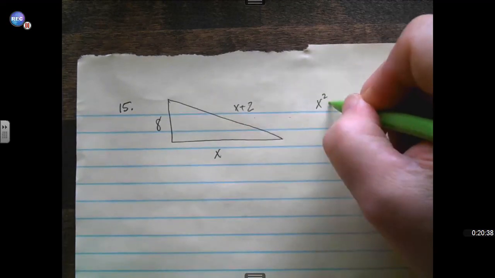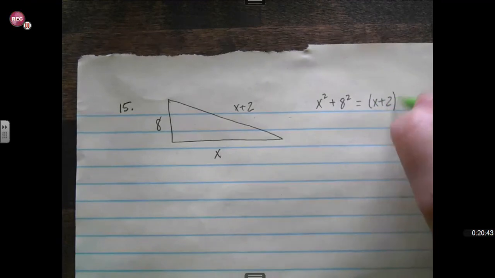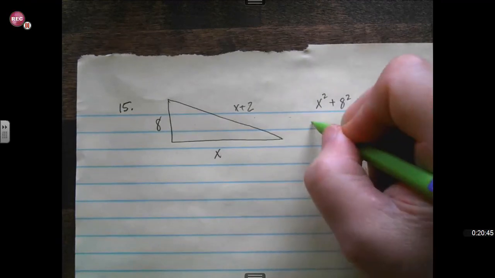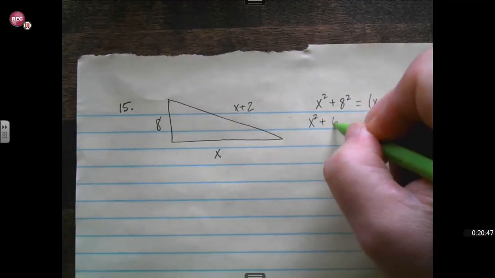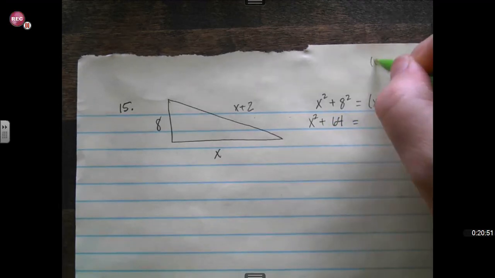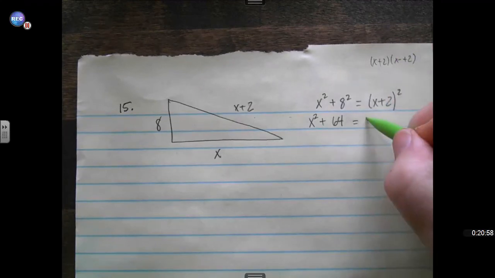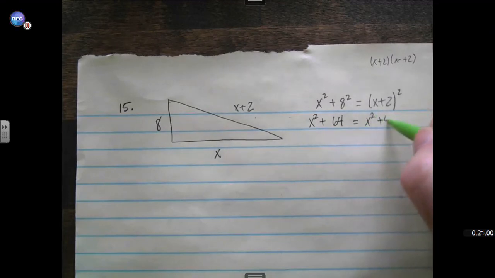Leg squared plus leg squared equals hypotenuse squared. So this is x squared plus 64 equals, remember this means x plus 2 times x plus 2. And x plus 2 times x plus 2 is x squared plus 4x plus 4.